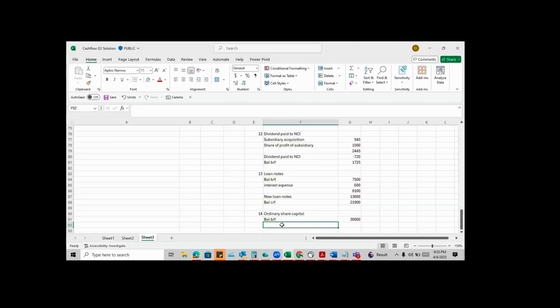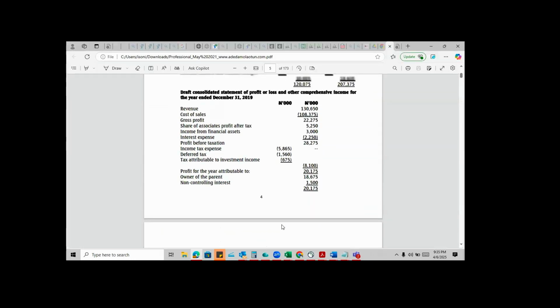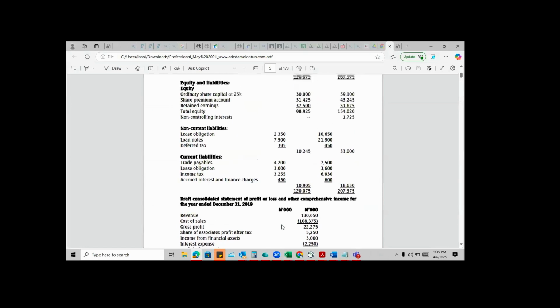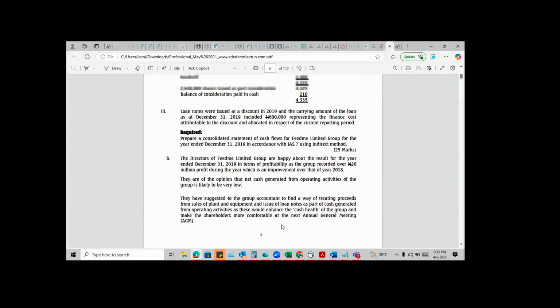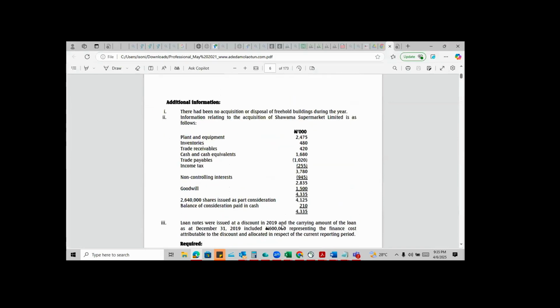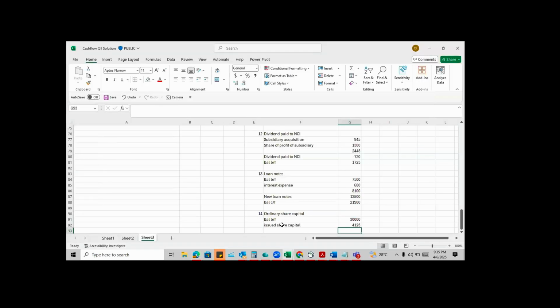We issued shares. Issued share capital was how much? We issued it for 4,125. Let me be sure I did not make a transposition error. 4,125, right?